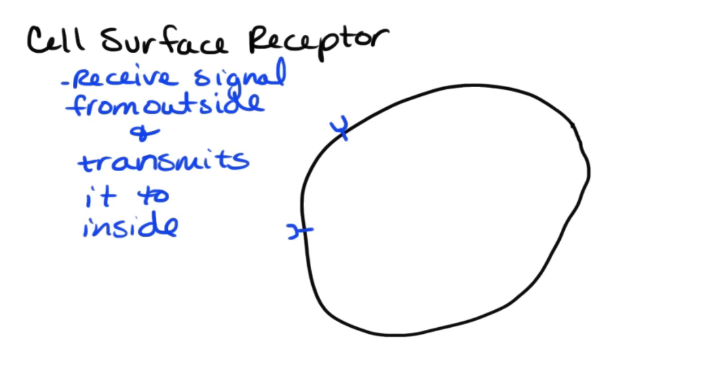There does tend to be 3 different parts to these cell surface receptors. They have, on the outside, first of all, what we call an extracellular domain. This extracellular domain is the part that's actually responsible for binding to the ligand.